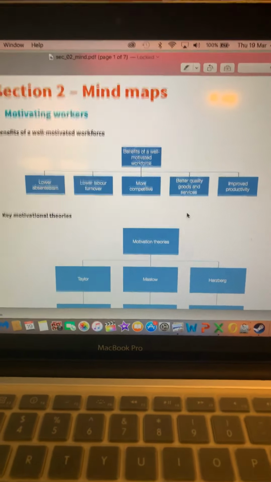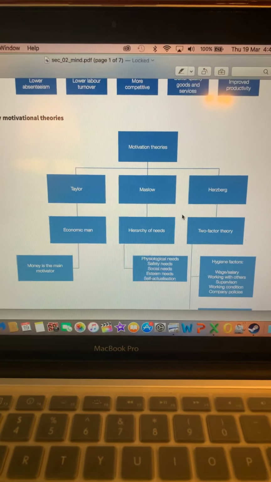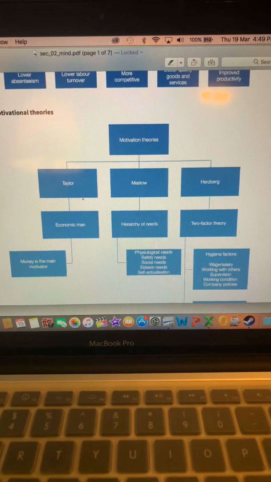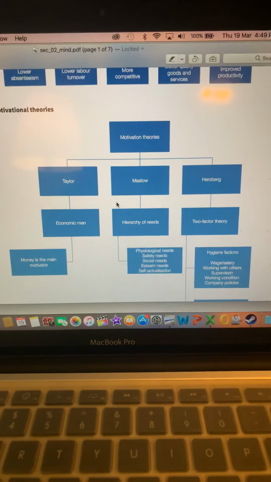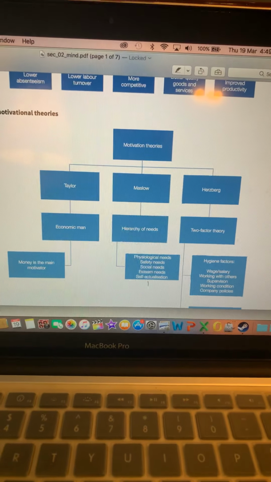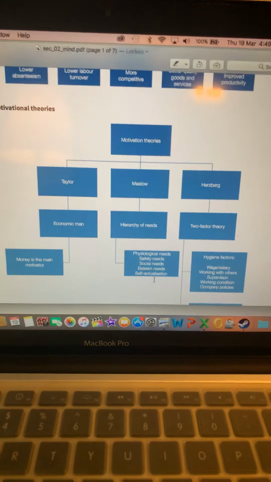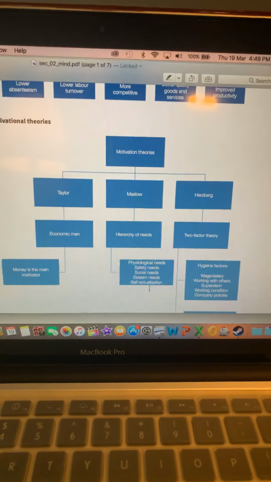Improved productivity. So we've got three motivational theories here: the Taylor, Maslow, and Herzberg theories. Taylor focused on economic man, that all people are motivated by money alone. Maslow focused on the hierarchy of needs, which will be these five items over here: physiological, safety, social, esteem, and finally self-actualization.